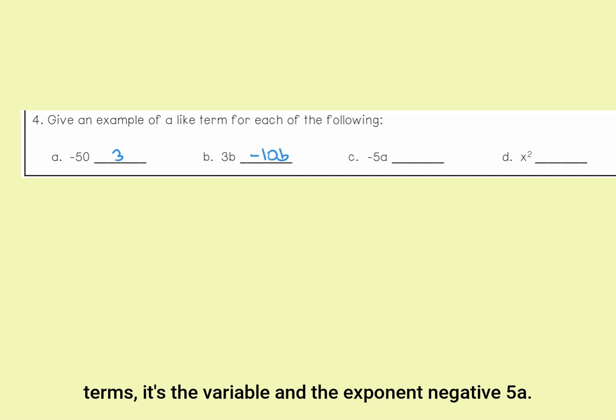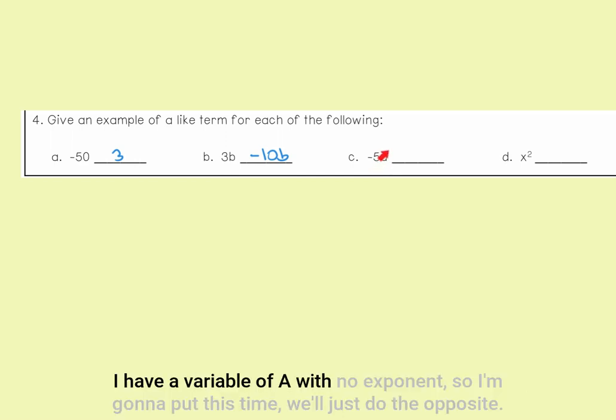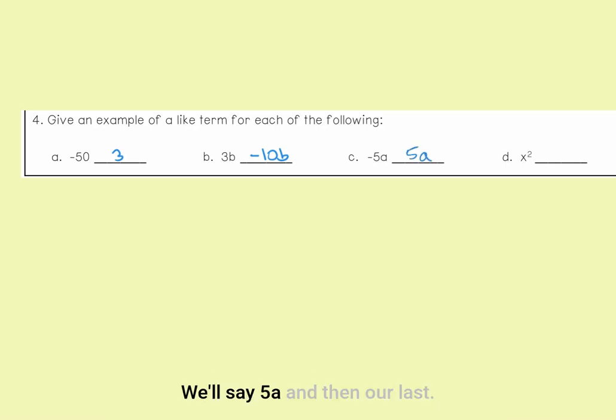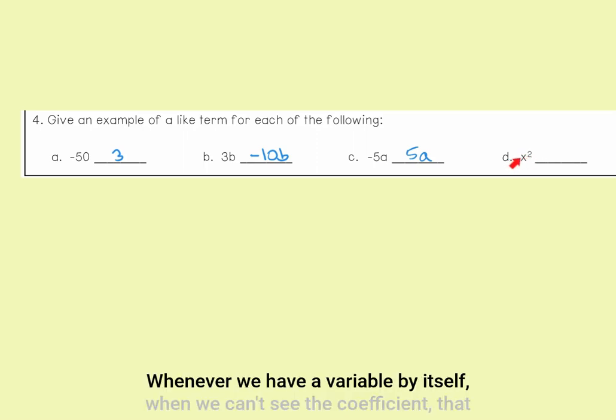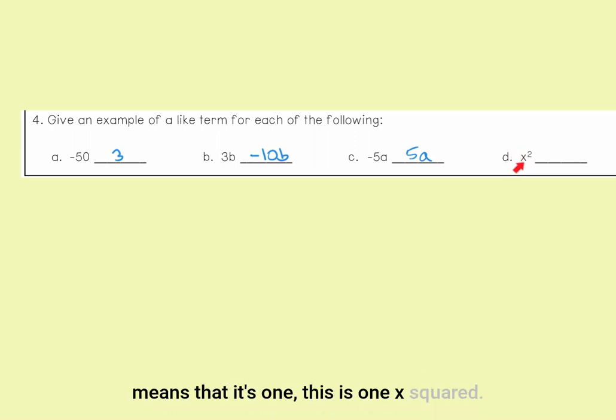Negative 5a, I have a variable of a with no exponent, so this time we'll just do the opposite. We'll say 5a. And then our last one, we have x squared. Whenever we have a variable by itself, when we can't see the coefficient, that means that it's 1. This is 1x squared.